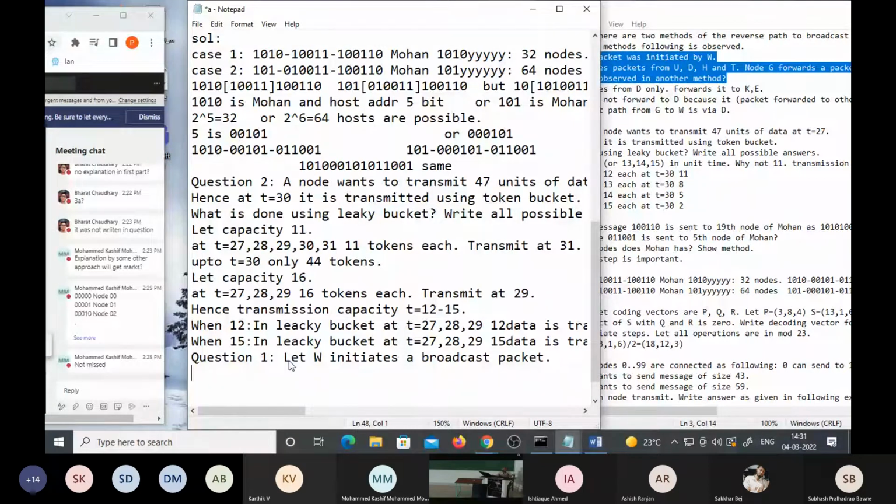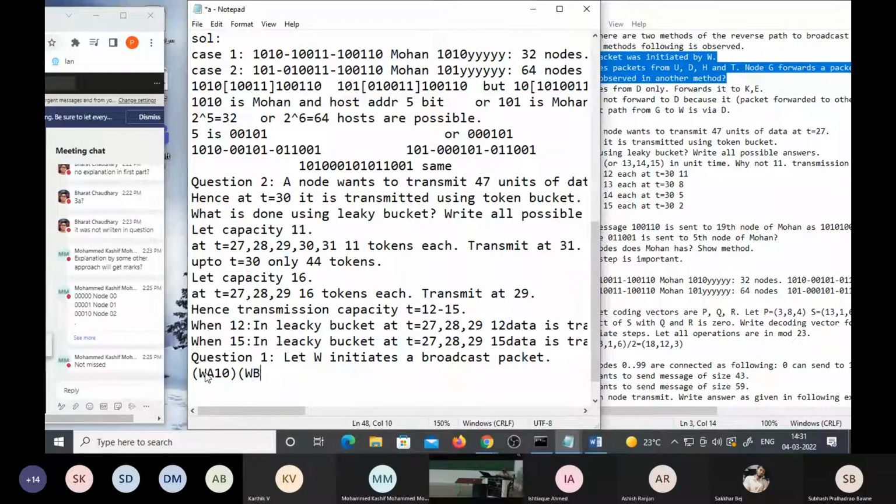So what is going to happen? Let us assume that W is connected with A with 10 unit path.